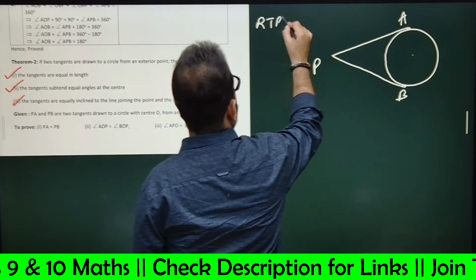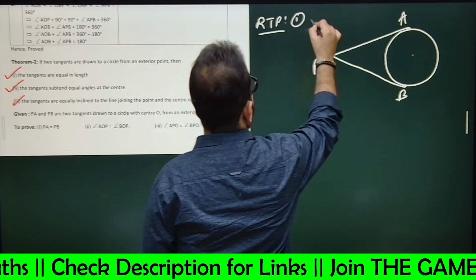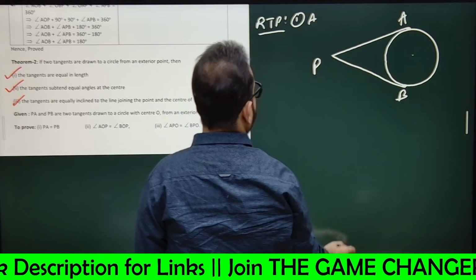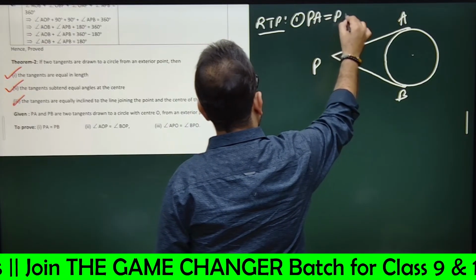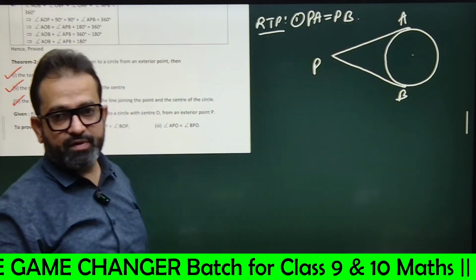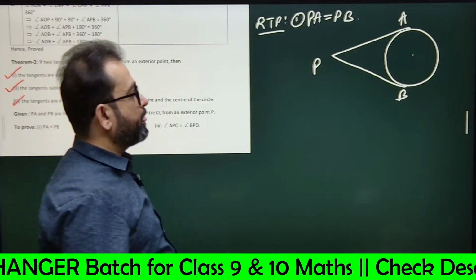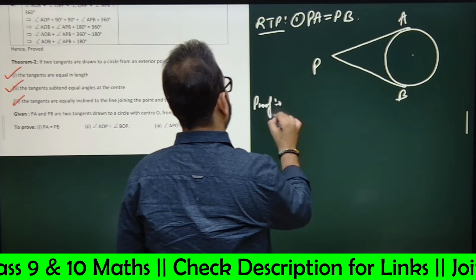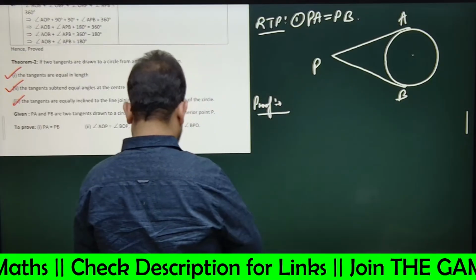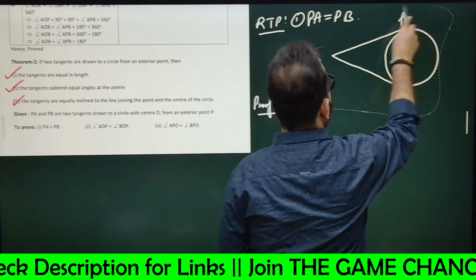What do we have to prove? First point, PA equals PB. This we have to prove. How to prove? Construction you have to do. What construction? I'll tell you.